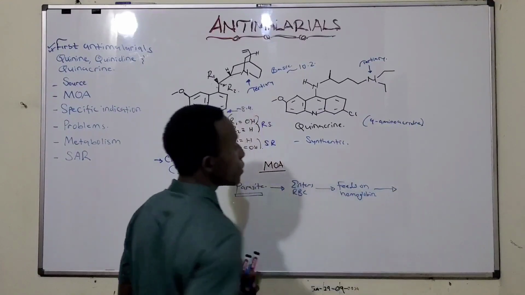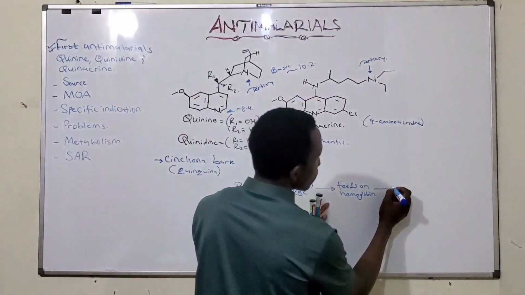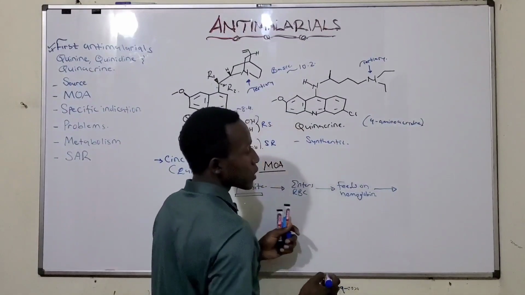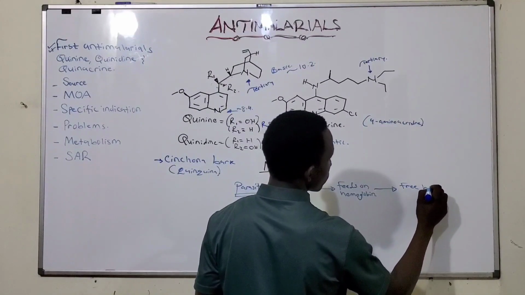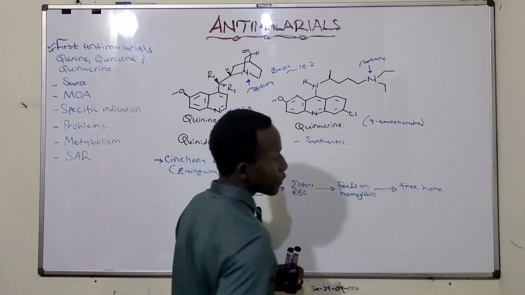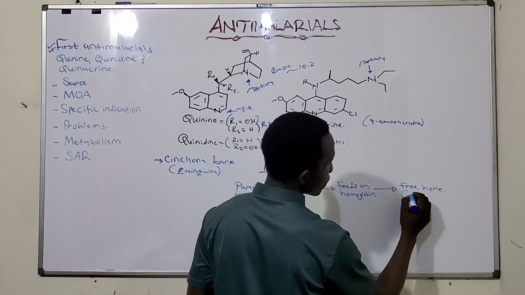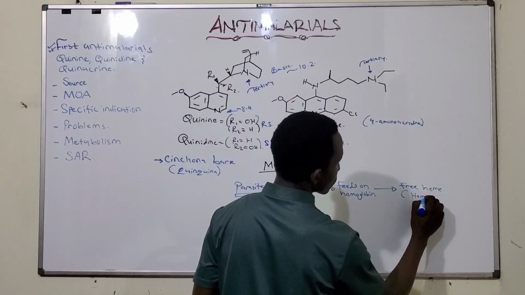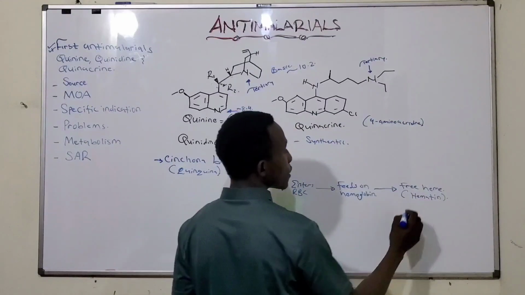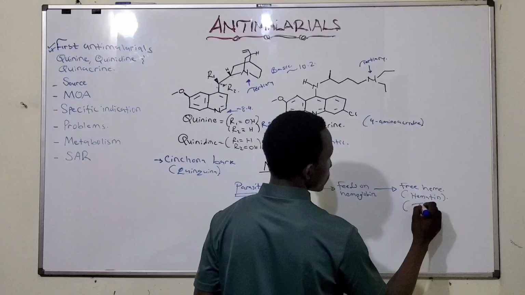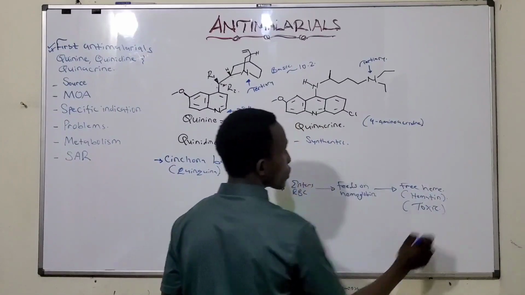To break this hemoglobin into different components, it will produce the free heme. Free heme is also known as hematine. And this hematine is very toxic.